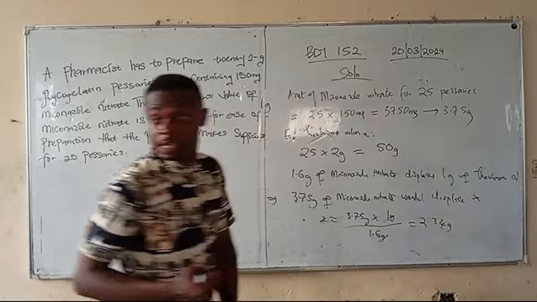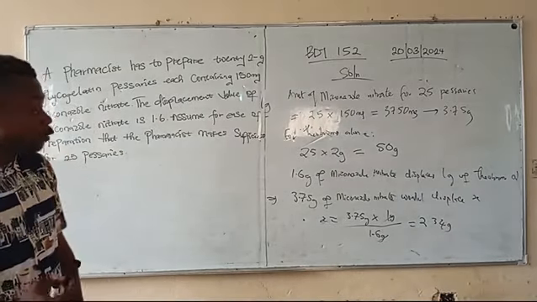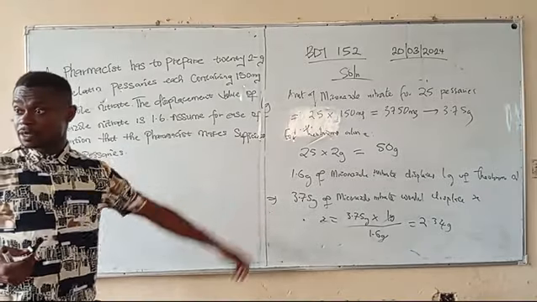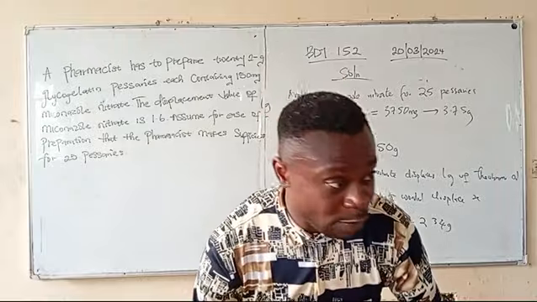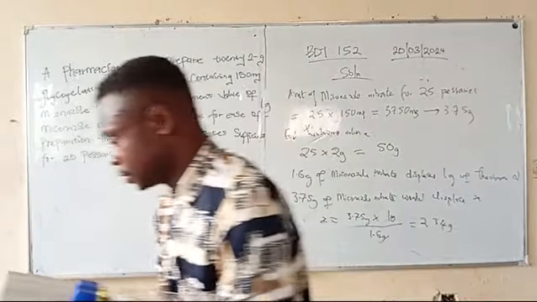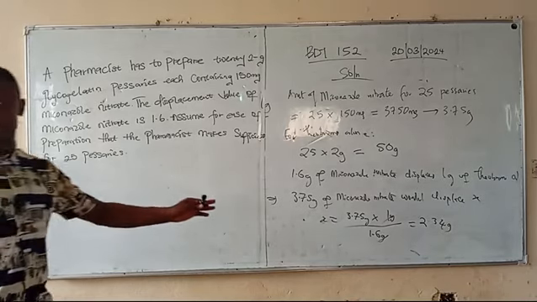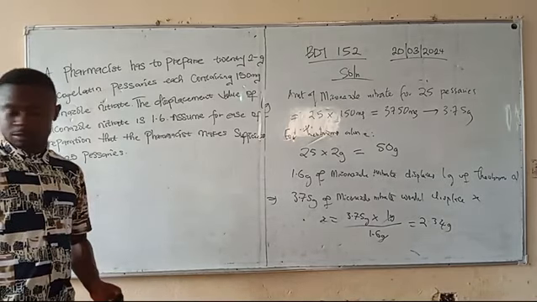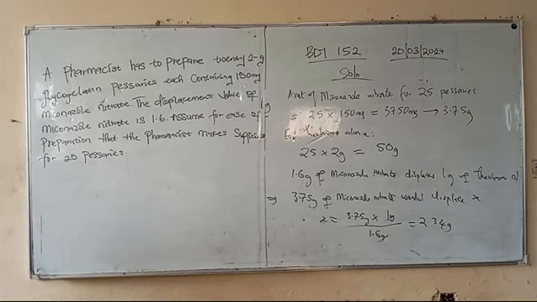Can you see the board from there? Why would they understand when they can't even see the board? How would they understand? Can you not see the board? Okay, let me see. Can you see it now? She says you can see.